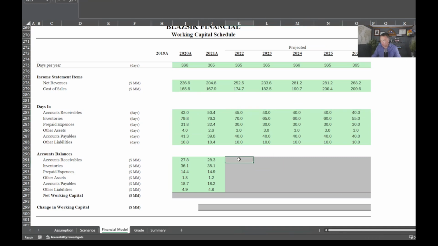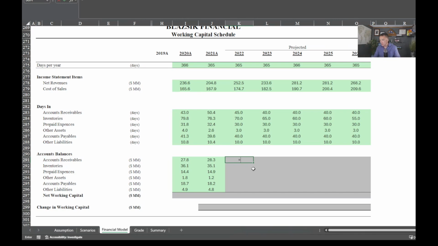And then what we're going to do here is if we have the projected days in, that can give us our account balances for the balance sheet. All right, so what we want to think about is we're not calculating days in, we're calculating balances. So what equation do I want? Remember, accounts receivable uses revenue alone. If I want balances, think of multiplication, right?